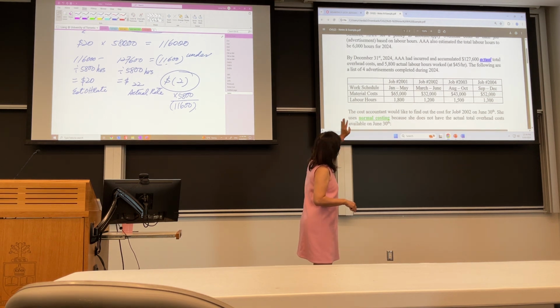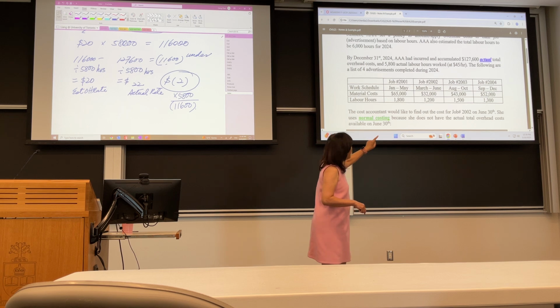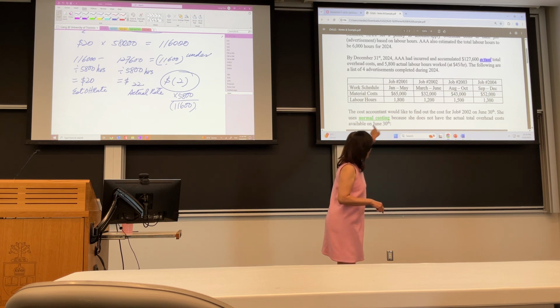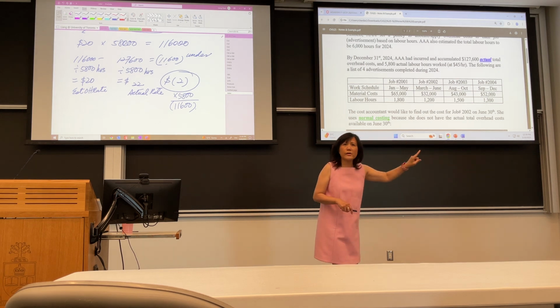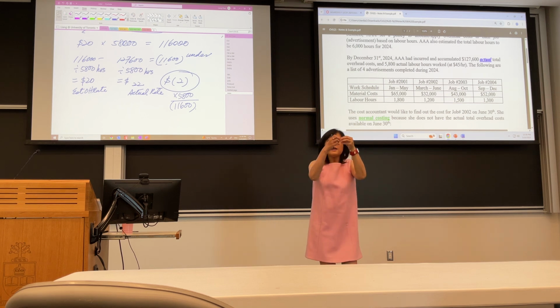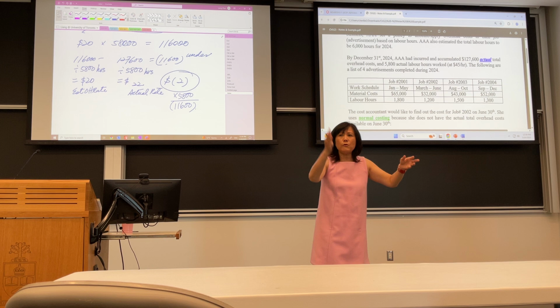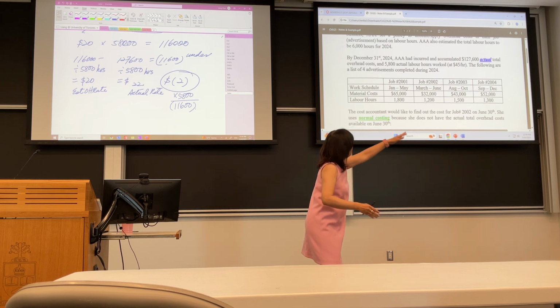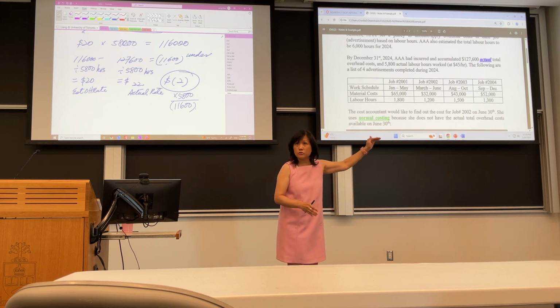Material for each job is different. Labor hours are 1,800, 1,200, 1,500, 1,300. You add all these hours together and it is exactly 5,800 hours. So 5,800 hours breaks down into 4 jobs, and this is how many hours we spend on every single job.